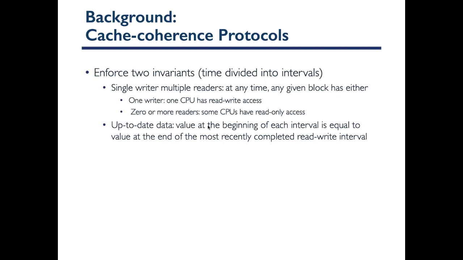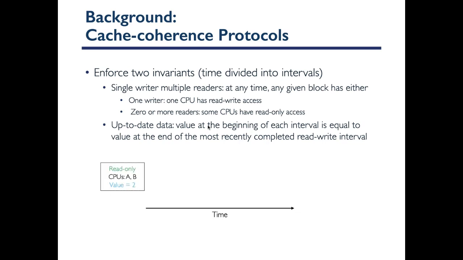So for the last interval in the past in which one CPU wrote something to this memory location, any read-only interval that comes after should have the data that was updated by that interval.